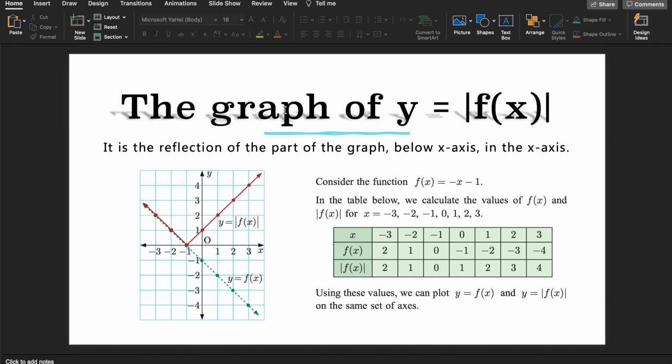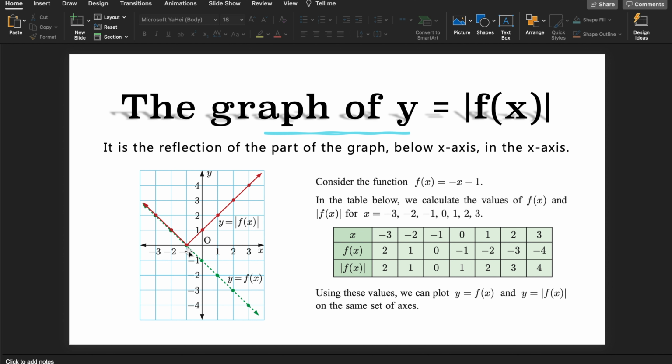And then we move on to the graph of a modulus function. Basically, it is the reflection of the part of the graph which is below the x-axis, which has a negative y value, and you'll have to reflect it over the x-axis. I hope you've learned the reflection thing. The book has given the example really well.